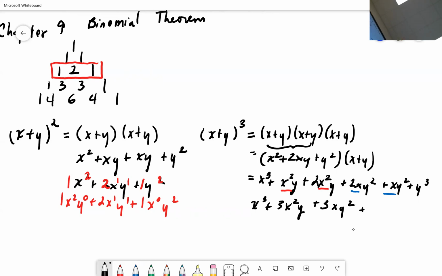And then we just have the y to the third. And if you notice now, what we're interested in is in these coefficients here. So Pascal's triangle does this automatically for you. Or we can say better, Pascal's sequence.